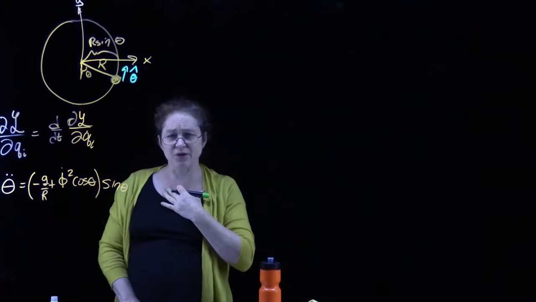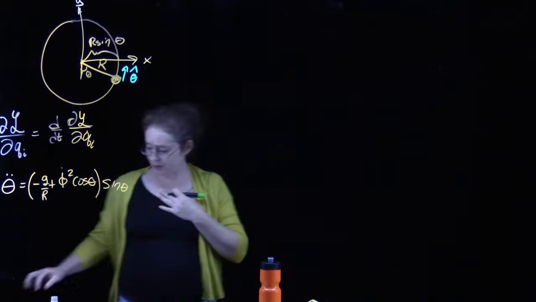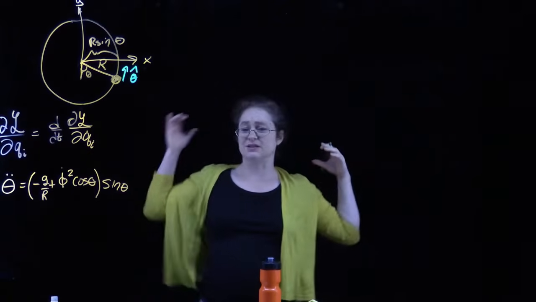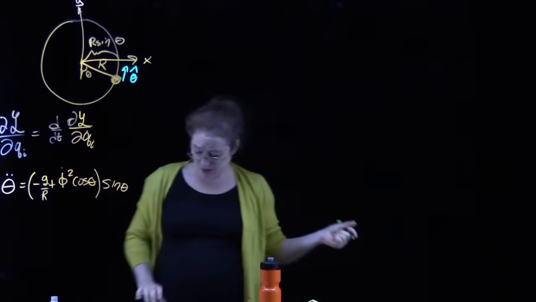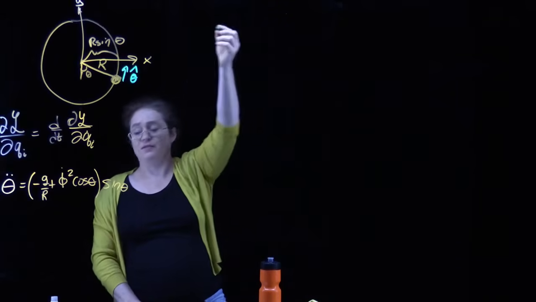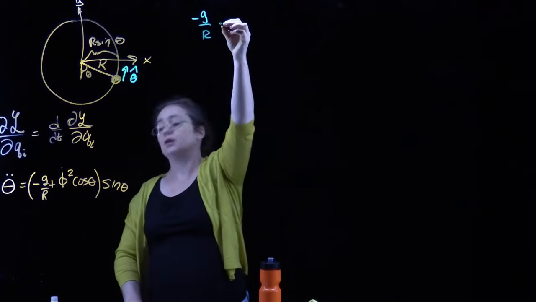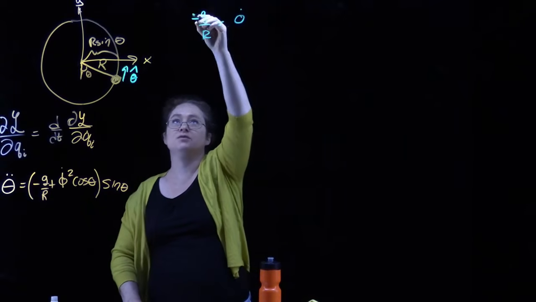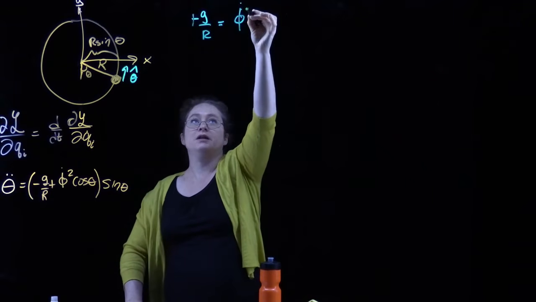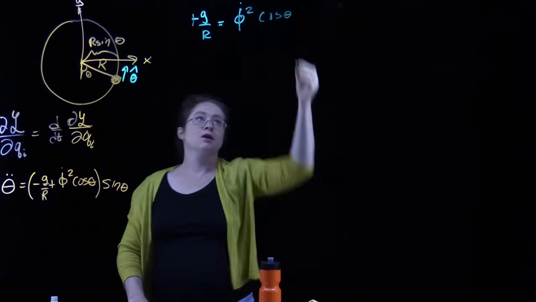There's nothing in the calculus that I'm going to do that is anything new conceptually, but I want to show you how it works because you learned this in a math class, kind of detached from a physical problem, and now it's relevant. So we're going to say positive g over r equals phi dot squared cosine theta naught.